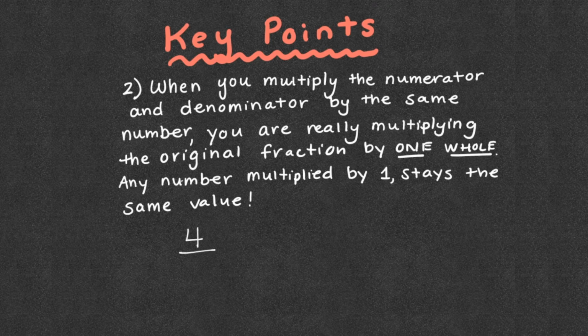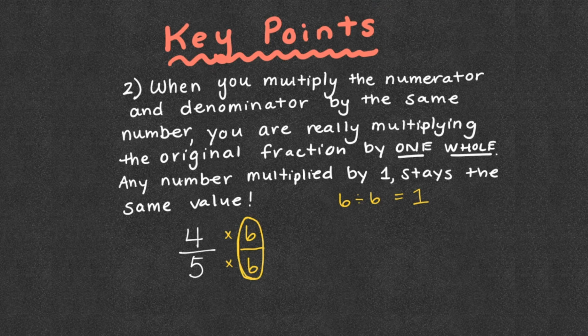So say we had 4/5, and I'm going to expand my fraction. I'm going to multiply my numerator by 6, and I'm going to multiply my denominator by 6. So what I'm really doing is multiplying it by 6 over 6. What is 6 divided by 6? That's equal to 1.